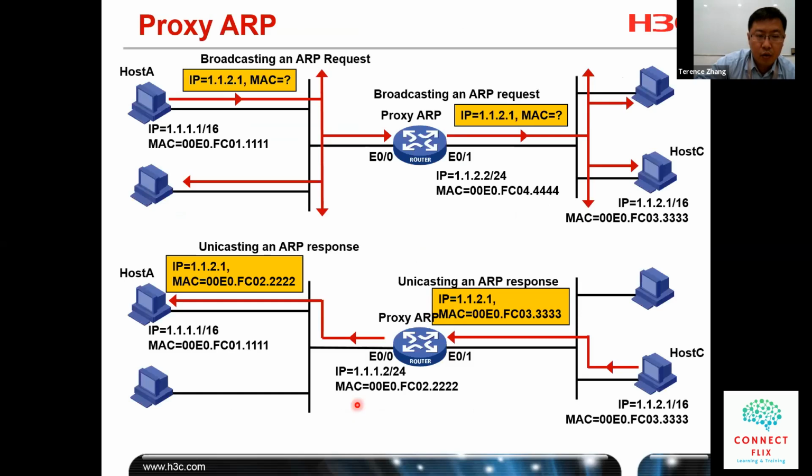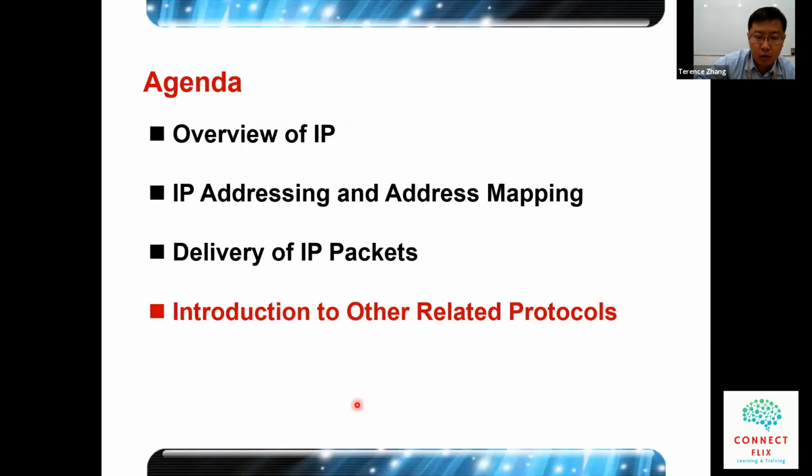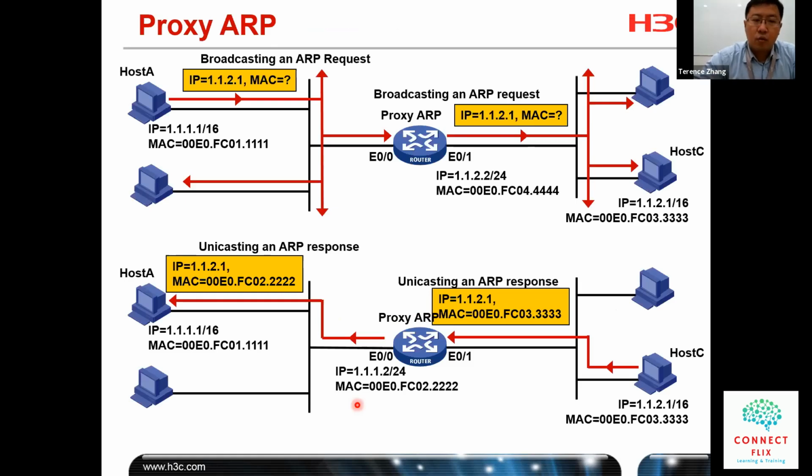Finally, other related protocols. Other related protocol: Proxy ARP. You already know what ARP is, but when we look back at ARP's topology, we can see ARP sends out a request by broadcast, a layer 2 broadcast, and this broadcast cannot go through a router.